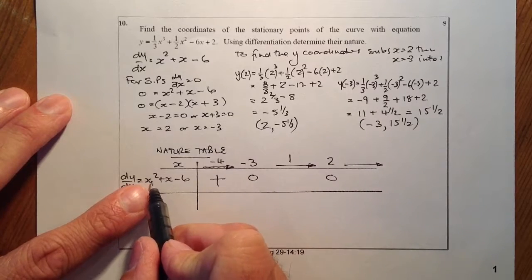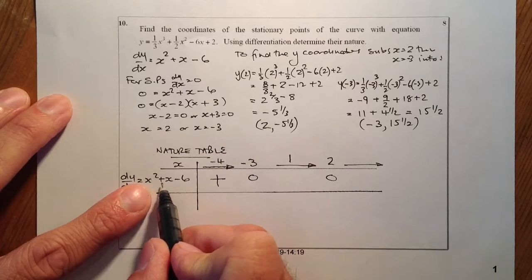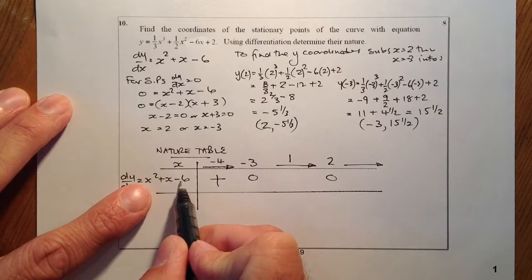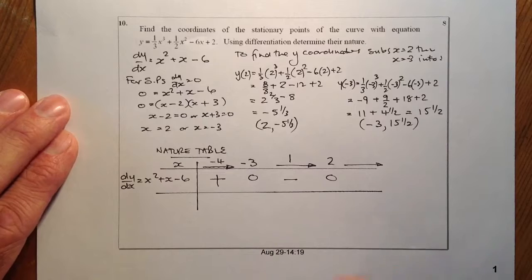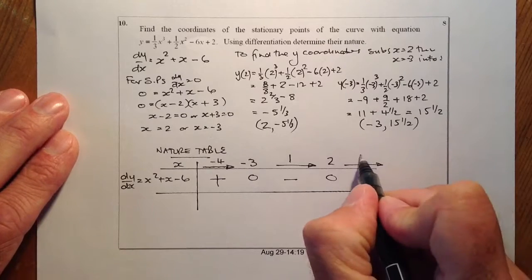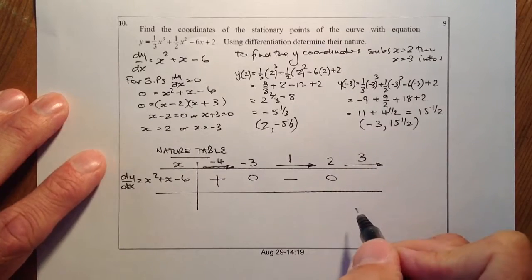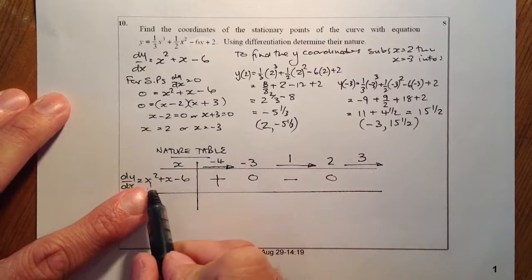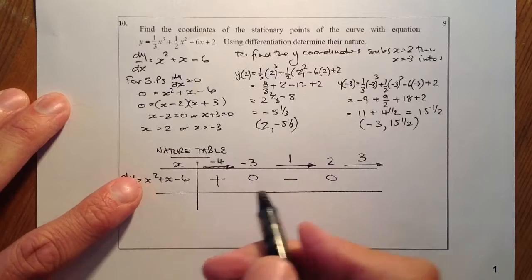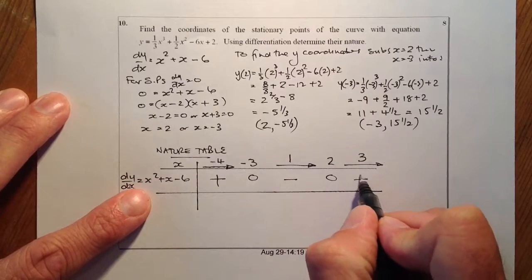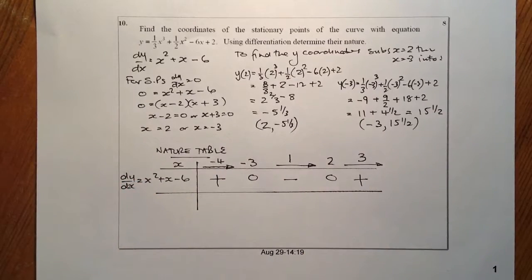So if 1 goes in here, that will be 1 plus 1 is 2, 2 take away 6, so that's going to be a negative value that goes in there. So I'm interested whether it's positive or negative. And beyond 2, if I take the number 3, so 3 into there would be 9, plus 3 is 12, 12 take away 6 is 6, so that's going to be a positive value that's going in there.